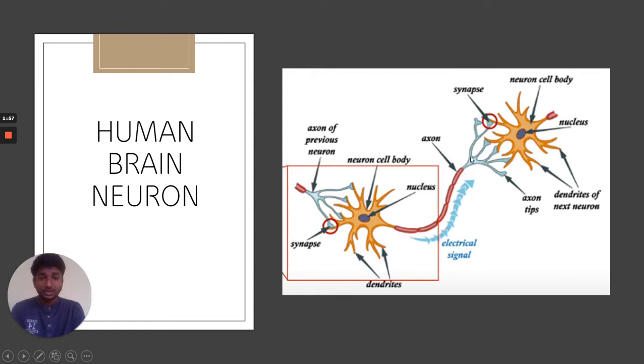This process continues with the other neurons after sending the electrical signal, and throughout the brain for sending signals.